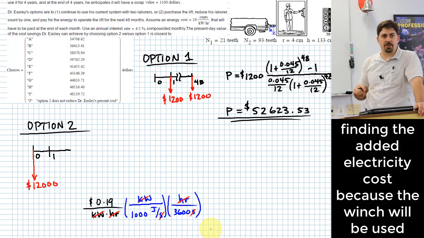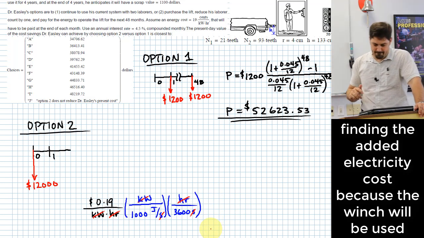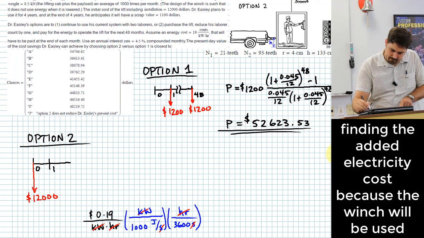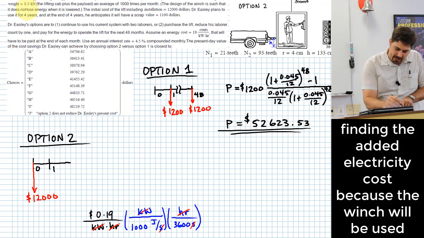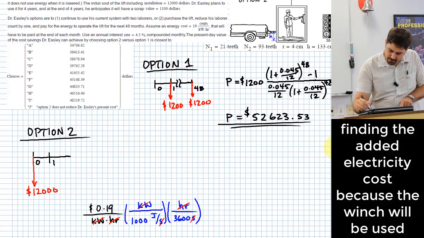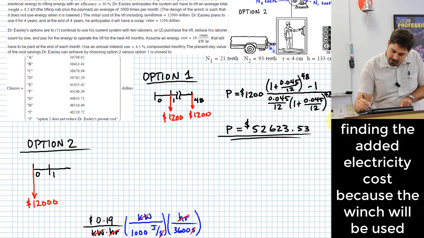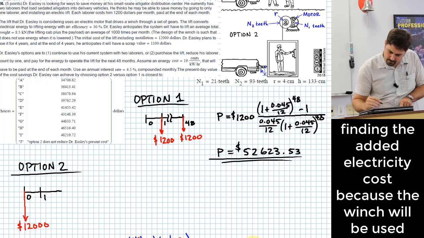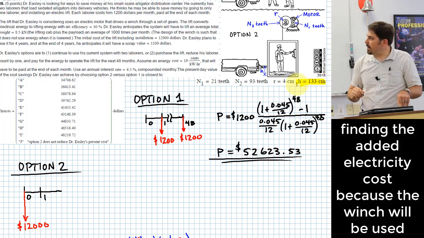Now I need to figure out how many joules. How many joules of energy do I need per month? How do I figure that out? Okay, we have 8.5 kilonewtons, right? So 8.5 kilonewtons, how high do I have to lift the 8.5 kilonewtons? This one's maybe an easy one to let get by you.